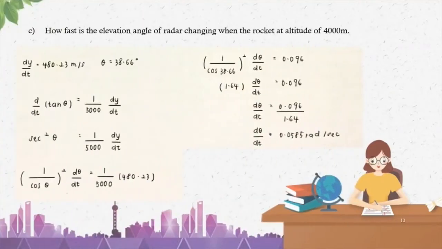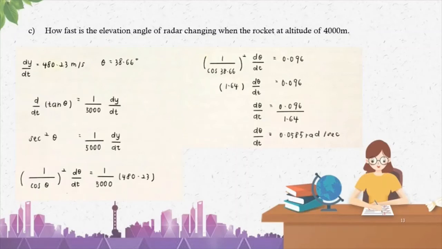For question C, it asks us to find d theta over dt. So from the previous question, we get our dy over dt is equal to 480.23 meters per second and theta is 38.66 degrees.